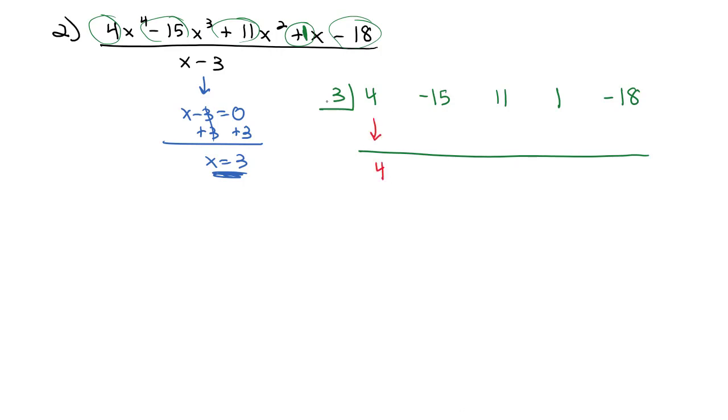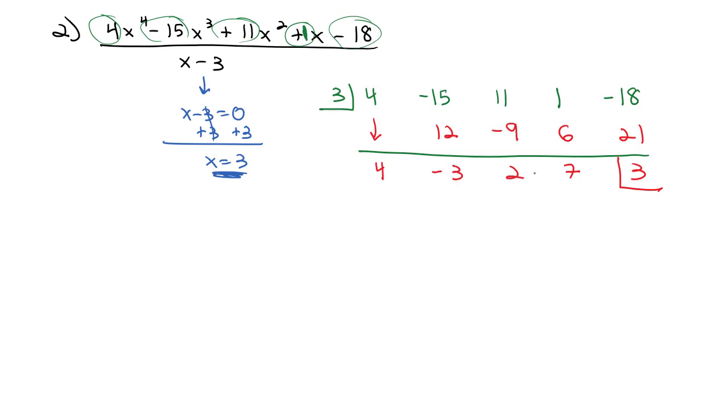Bring down the 4. 4 times 3 is 12. 12 minus 15 is -3. Times 3 is -9. 11 minus 9 is 2, times 3 is 6, 6 plus 1 is 7, 7 times 3 is 21, 21 minus 18 is 3, and I put that last 3 in a box because I know that's going to be my remainder.